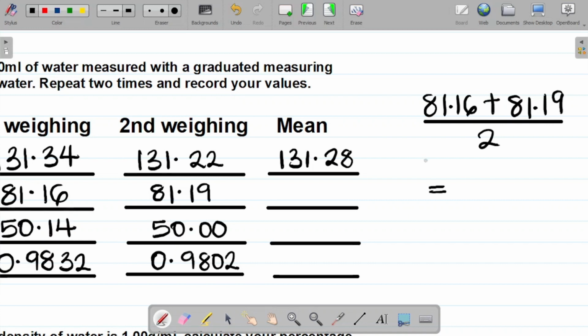That's approximately 81.18 in two decimal places. So I have 81.18 in two decimal places.